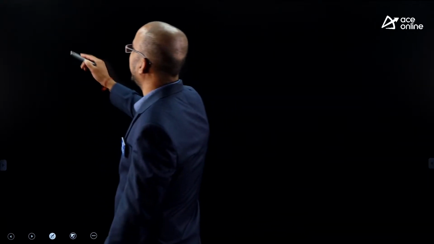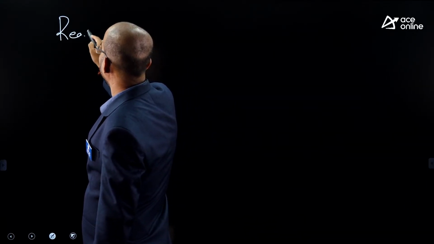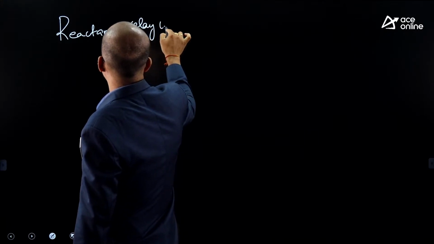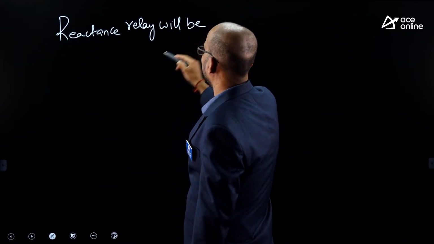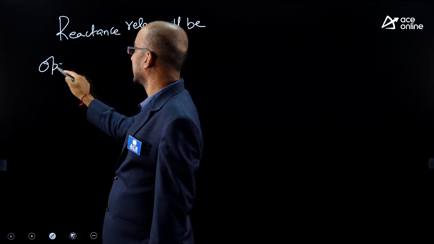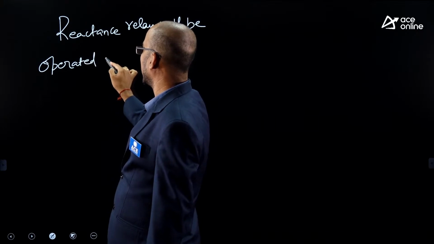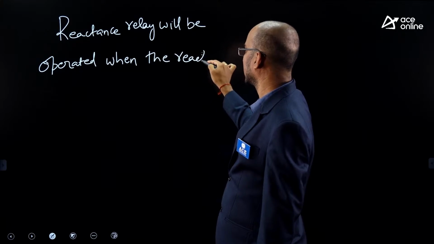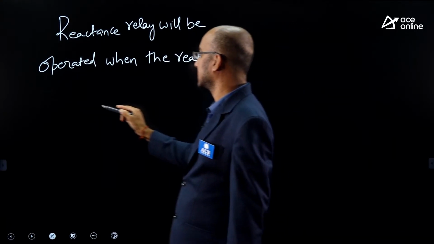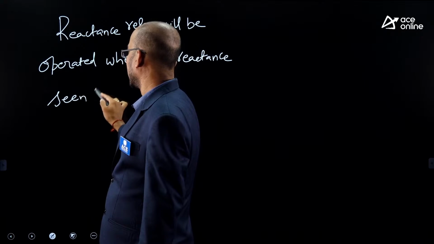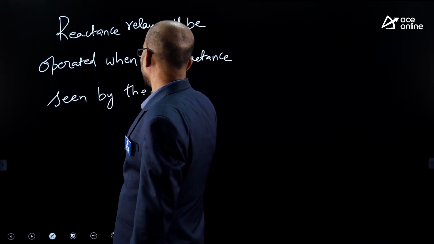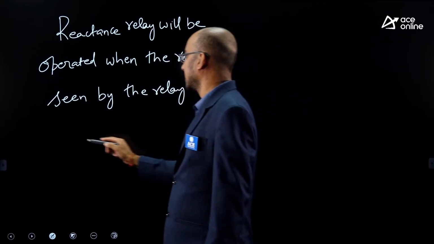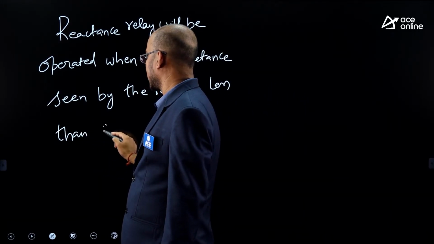So what point can you make? The reactance relay will operate when the reactance seen by the relay is less than its set value.